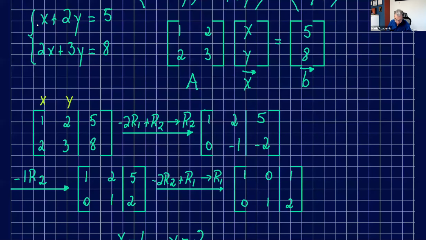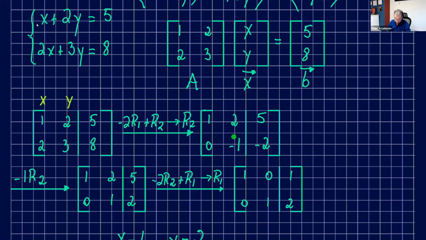And I did the row reduction for you. So you put the coefficient matrix again, 1, 2, 2, 3, and here 5, 8. If you do negative 2r1 plus r2 and you change r2, so you want to make that 0, so that becomes 0, that becomes negative 1, and that becomes negative 2.